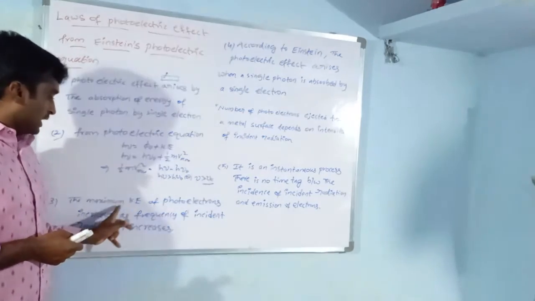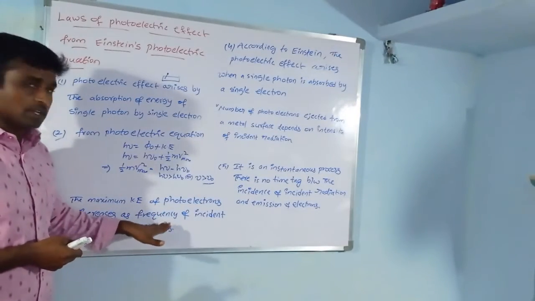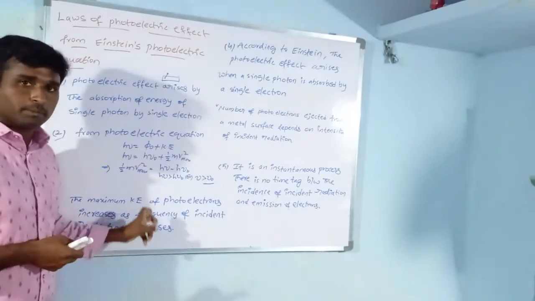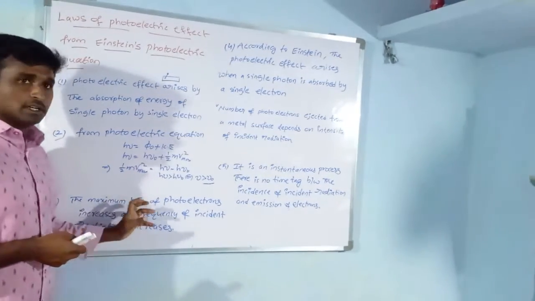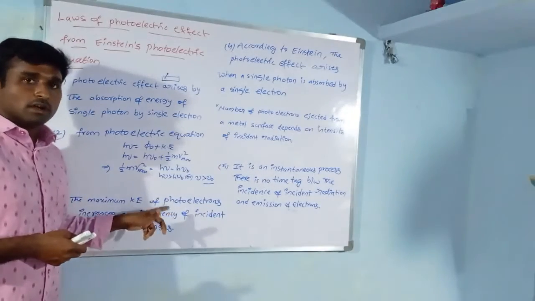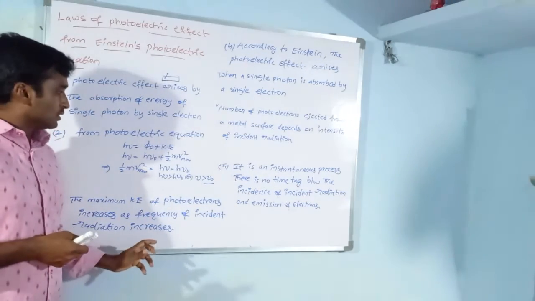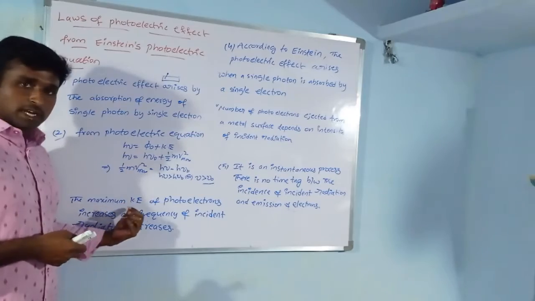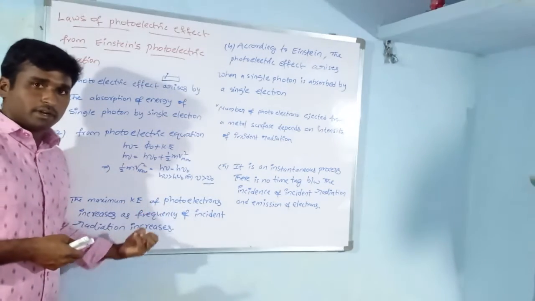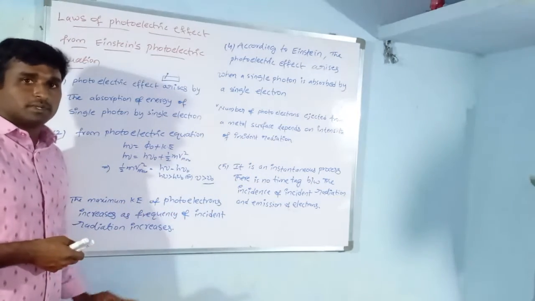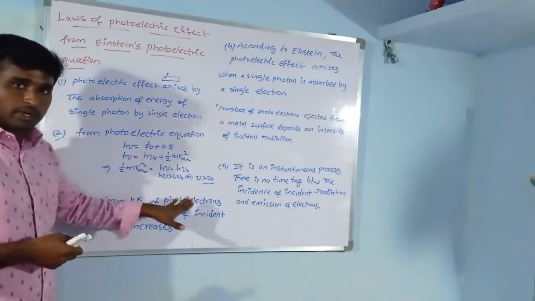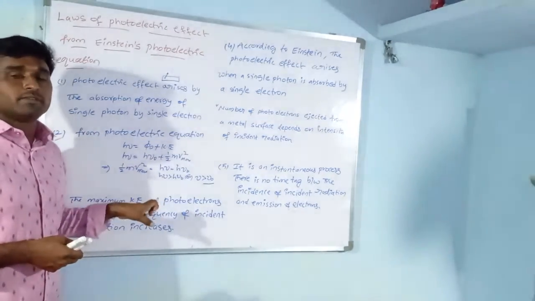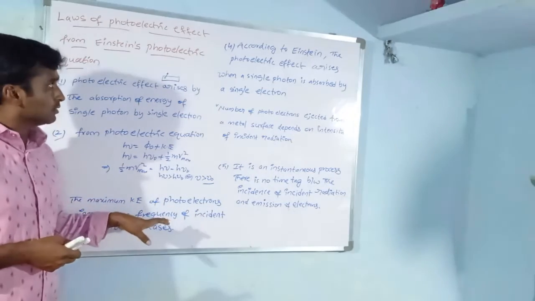Kinetic energy and frequency are dependent on each other. This maximum kinetic energy is independent of the intensity of the incident radiation, but it depends on the frequency of the incident radiation.